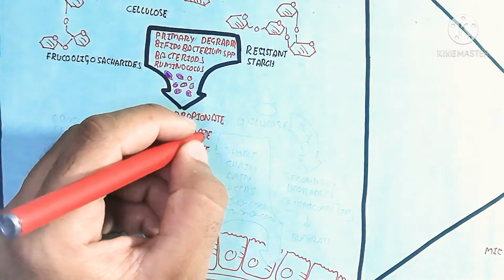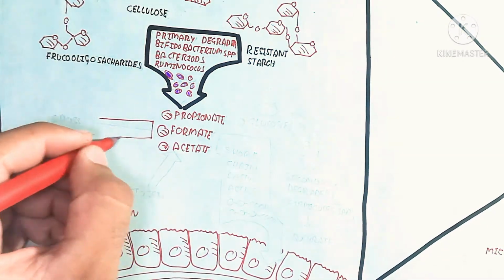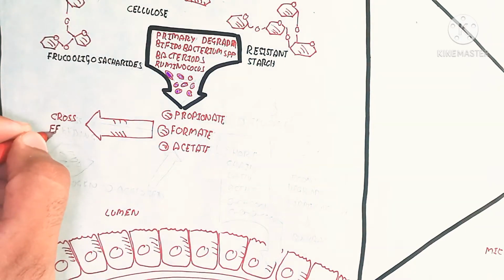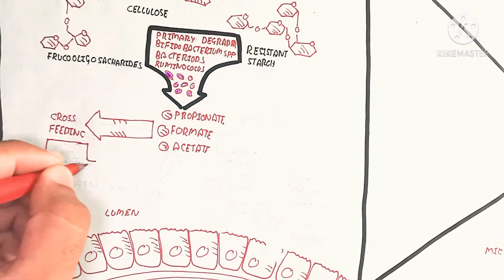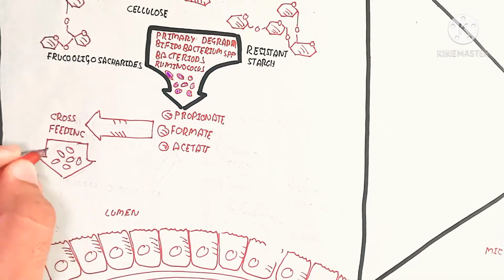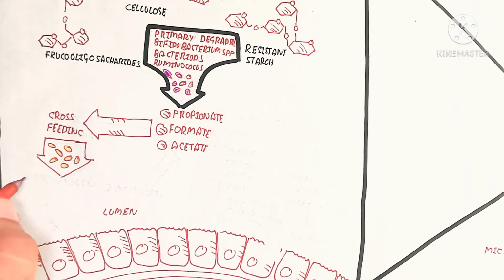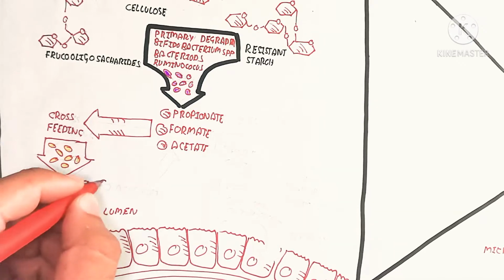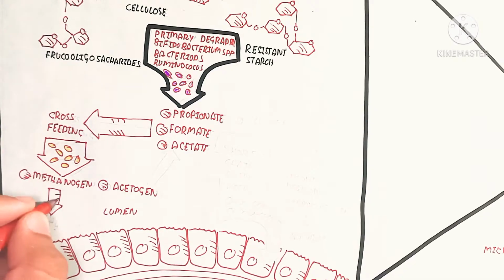So this Ruminococcus produces different types of short chain fatty acids known as propionate, formate, and acetate. This propionate, formate as well as acetate is cross feeding. Cross feeding means another bacteria uses it to produce acetate again, and also methanogens, the bacteria that produce methane gas.